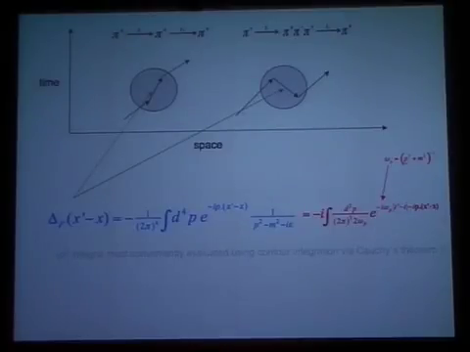So I'm telling you that's what I'm going to try and do, regulate by moving the pole into the complex plane. If I look at the zeros of this, p squared plus m squared minus i epsilon, they occur for p naught squared equal to p squared plus m squared minus i epsilon, or p naught is plus or minus the square root of p squared plus m squared plus or minus a small imaginary part, where delta is proportional to epsilon.